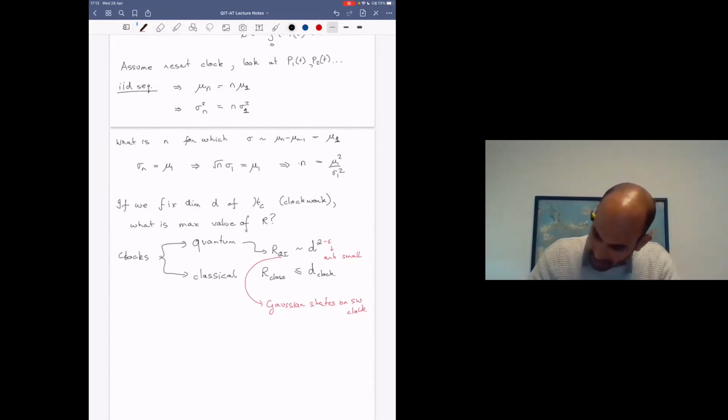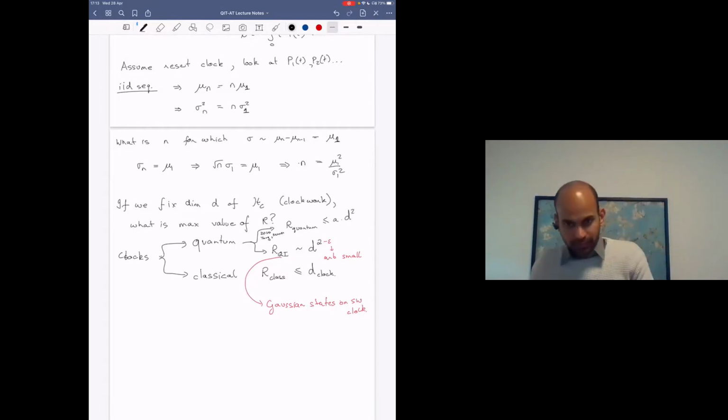And finally, in a more recent paper in 2020 by Yuxiang Yang, who's in our group, and Renato Renner, he was able to prove that in fact our quantum R is less or equal to some constant A times D squared.